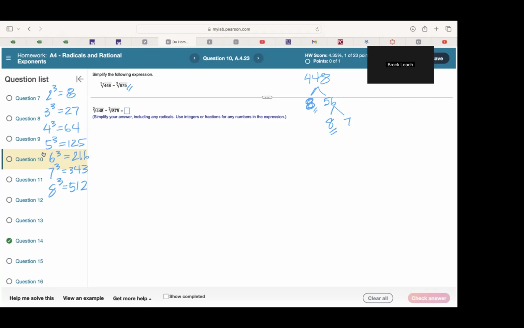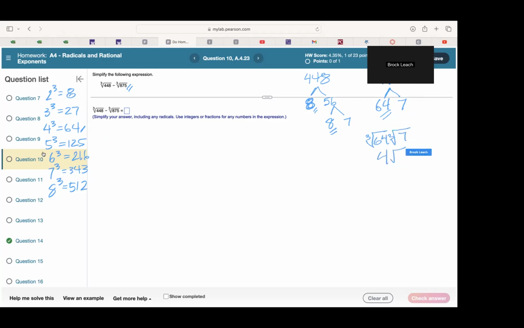And 8 times 8 is 64. So 64 is actually 64 should go into 448. So a better way to break this up, 448 is 64 times 7, because 64 is a perfect cube. Cube root of 64, cube root of 7, cube root of 64 is 4.